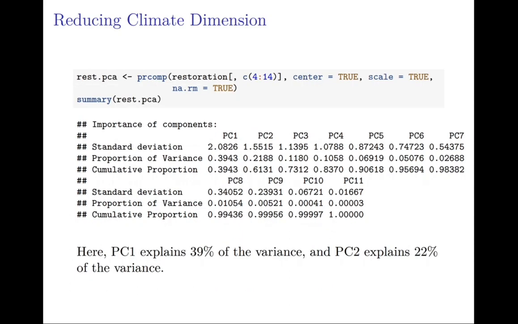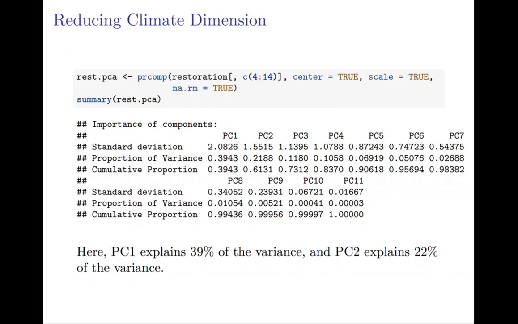And so to reduce the climate dimension, because we have 11 climate variables in the data set, a lot of them are correlated, and so it doesn't really make sense to try to put 11 variables in your X variables in your model. We can reduce the dimension with PCA.